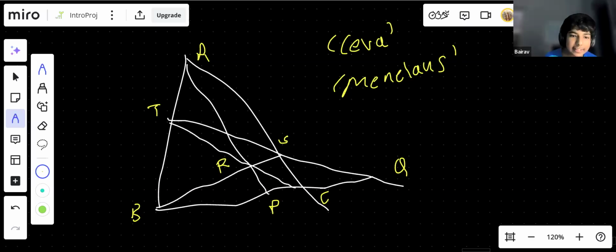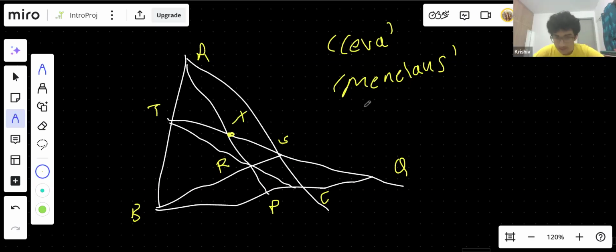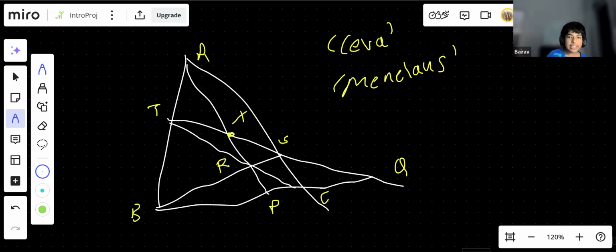So if we have S as the intersection of TS and AR, then DXSQ is harmonic, I guess. Why is that? Because it's the same lines, only there's a new line intersecting them. Which also means that AXRP is harmonic.